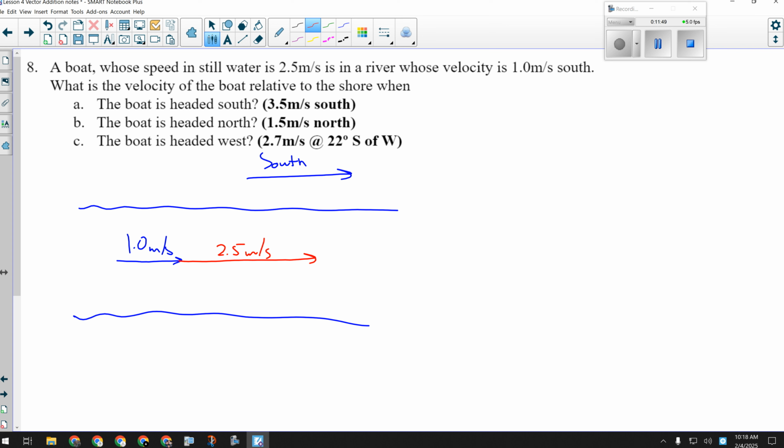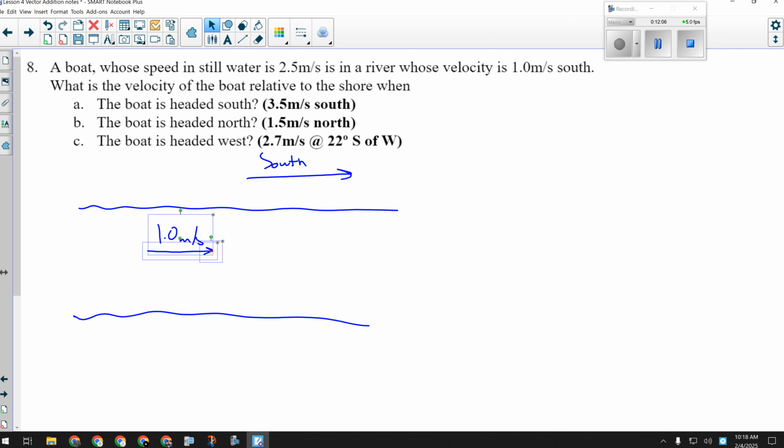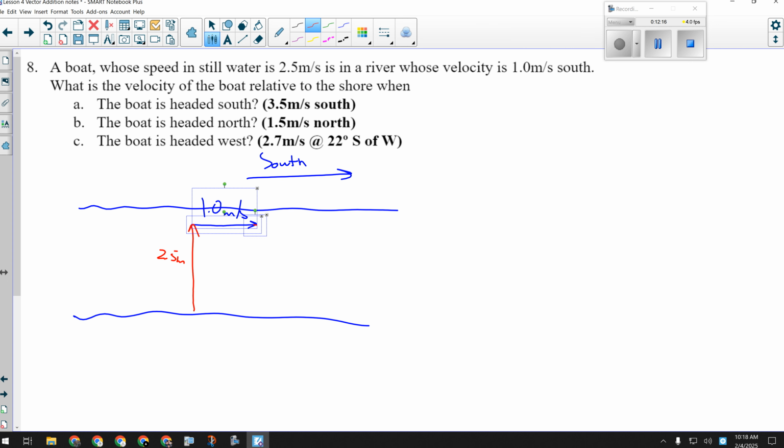Now, if instead the boat's headed north, well then I would have my current and my rowing speed. Oh, sorry, it's north.